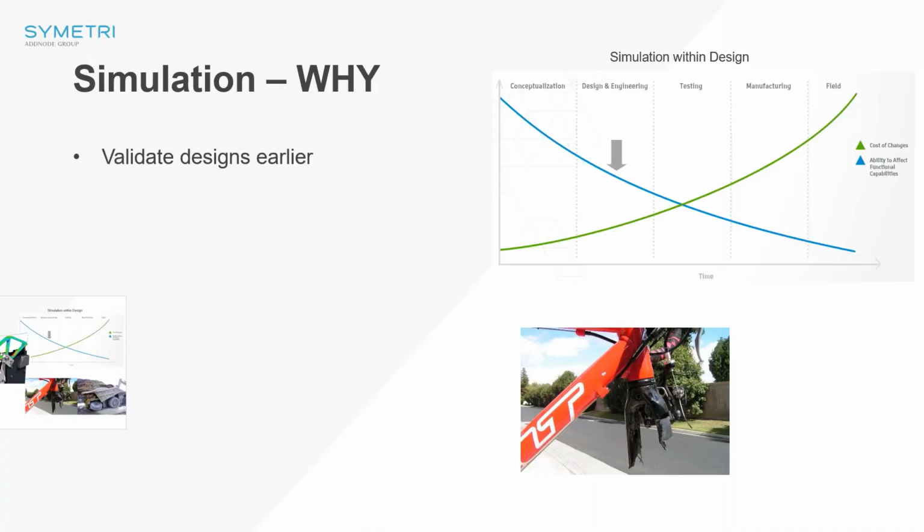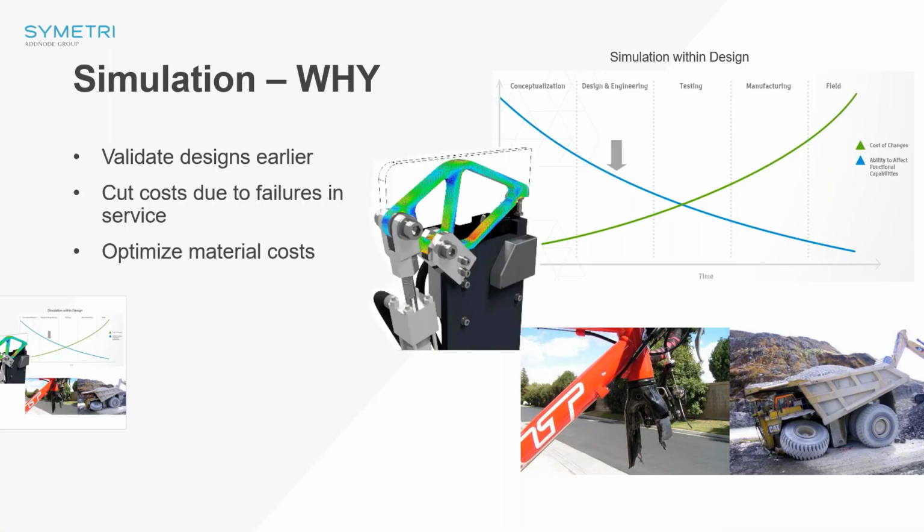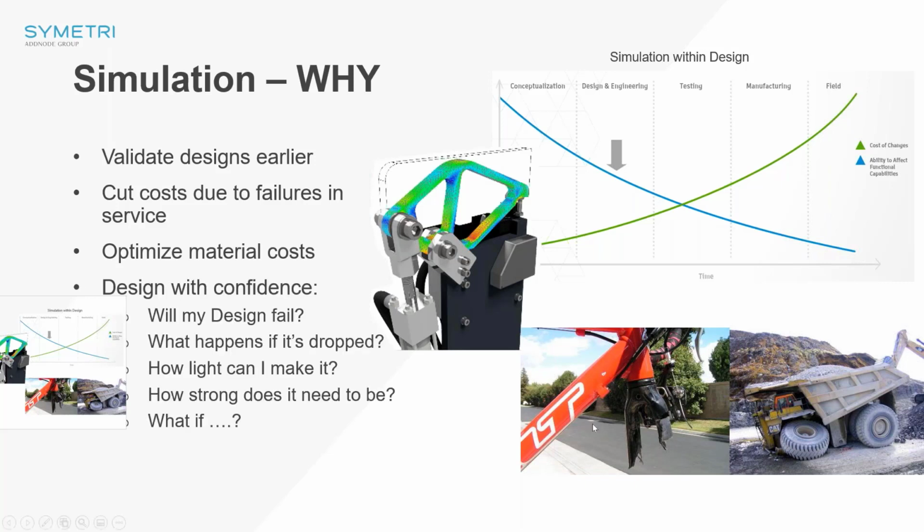Just a brief introduction. I understand that some of you may not be using simulation. The idea behind simulation is to validate designs earlier, cut costs due to failures in service, optimize material cost, and most importantly, to design with confidence, so that we can design for what happens if it fails, what happens if it drops, and how strong it needs to be.